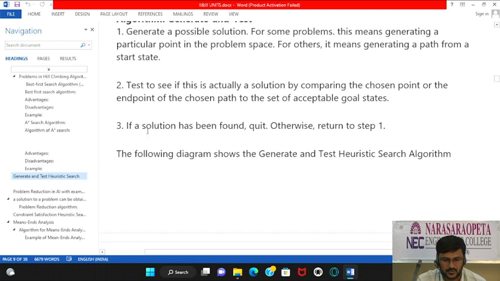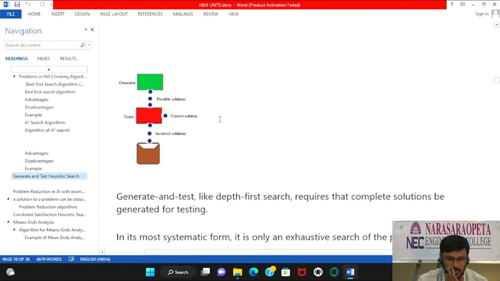Next, if a solution has been found, quit; otherwise, return to the first step. So we have possible solutions and correct solutions.